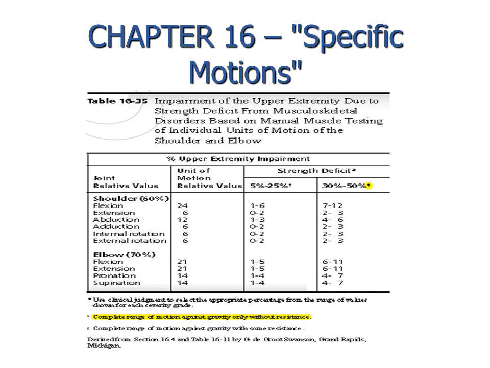Further in Chapter 16, in Table 16-35, Chapter 16 moves from testing specific muscles into testing specific motions. Table 16-35 describes the motions to be tested at the shoulder and at the elbow.